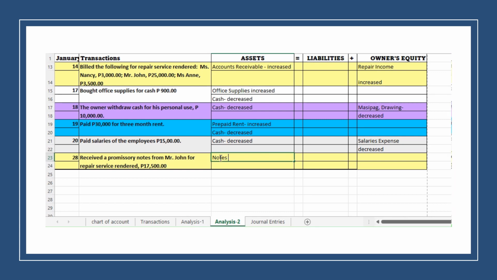Notes receivable. So this is an increase. And then, take note of the word repair service rendered. Therefore, it is what? It is a repair income. So we can copy this one and paste here. So we have done analyzing these transactions. Any question? None? Okay, very good.